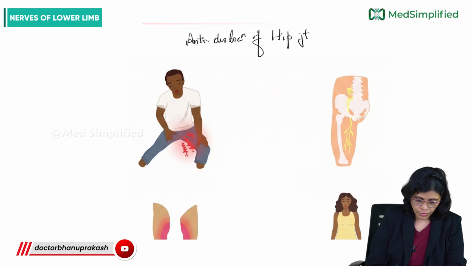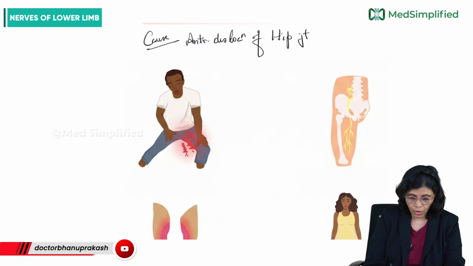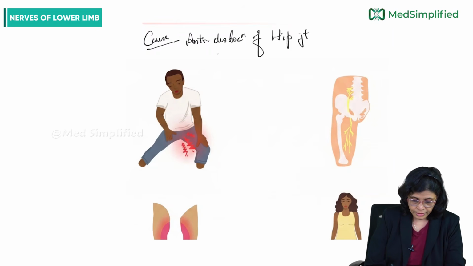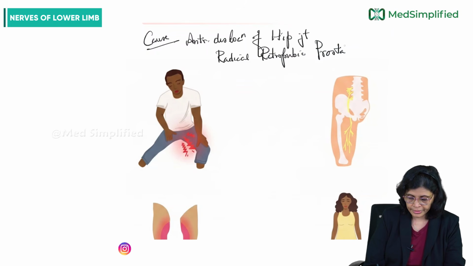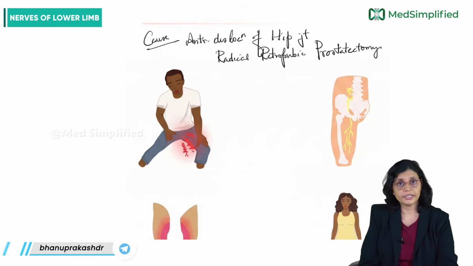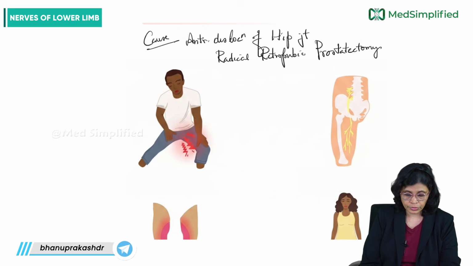Okay, so the cause may be anterior dislocation of the hip joint, or it can also be during radical retropubic prostatectomy. So in these two cases, the obturator nerve is commonly injured.